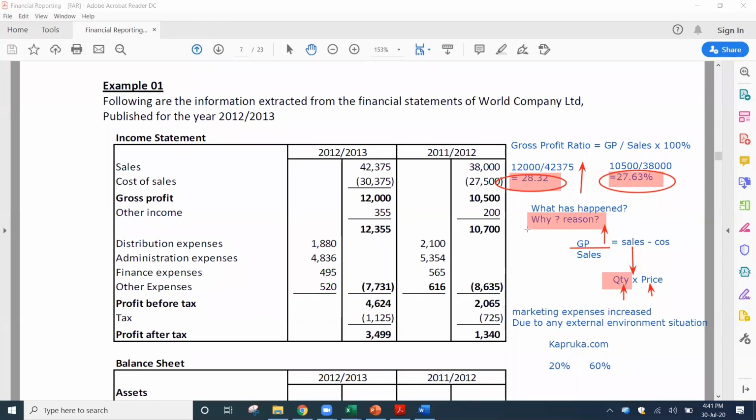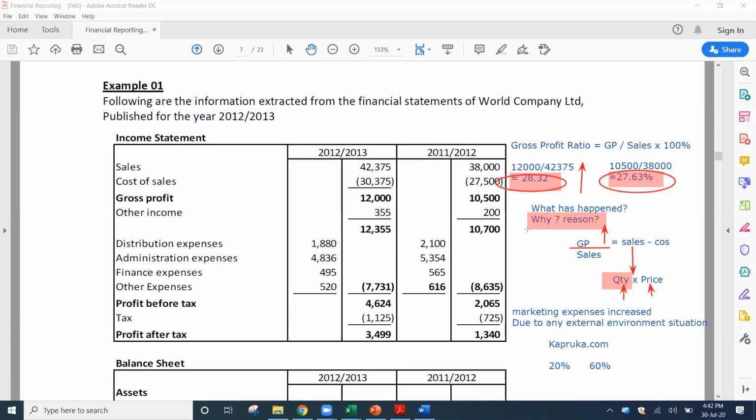So the sales value has increased, and due to that, gross profit margin has increased. So you need to connect all these points. Then only can you provide a better explanation of the ratio.